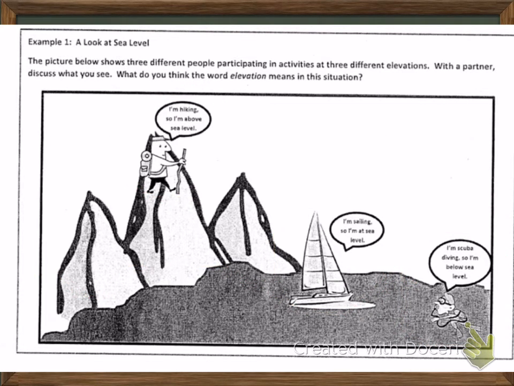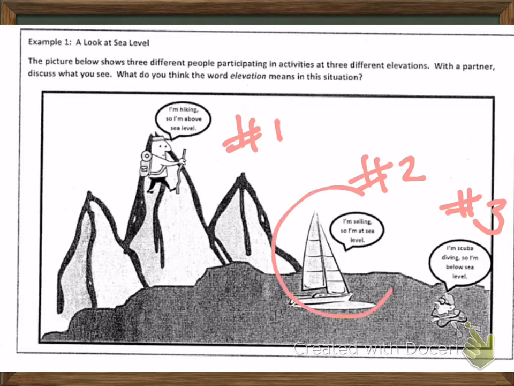Now we're going to draw a vertical number line to model the elevation. Out of these guys here, we're going to call them number 1, number 2, and number 3. Who do you think would be at the elevation of 0? Well, I hope you're thinking about this, but yes, it would be the number 2 person.